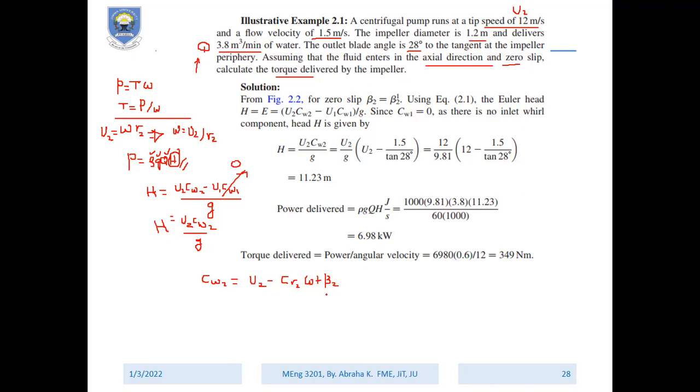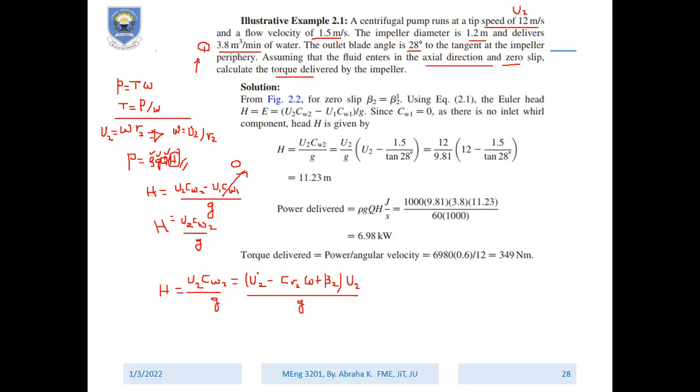We can calculate this, and simply if we multiply this by U2, it becomes the specific work. Maybe we need to multiply it both sides, and if we divide this by G, it becomes simply the head.